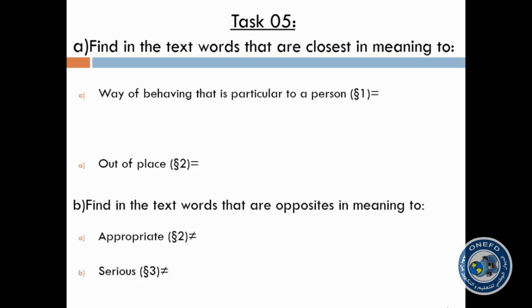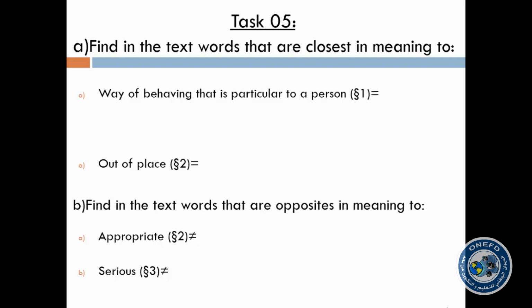Task 5. This is an exercise or an activity about vocabulary. It consists of 2 parts, part A and part B. So part A, find in the text words that are closest in meaning to. When we say find words closest in meaning to, we mean synonyms.